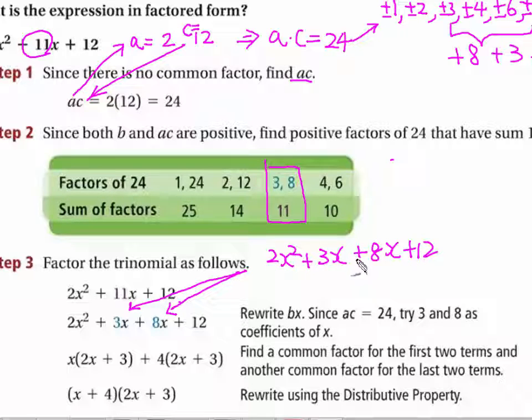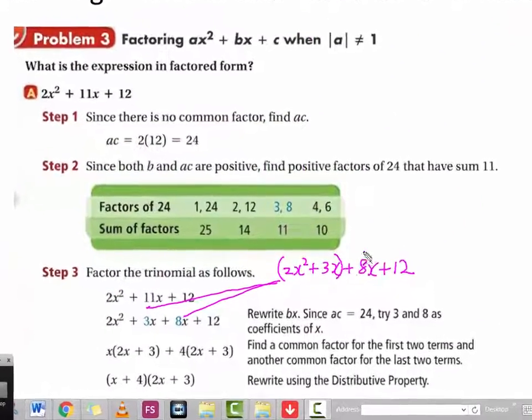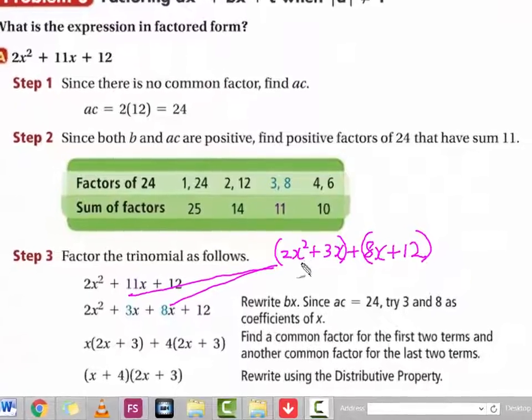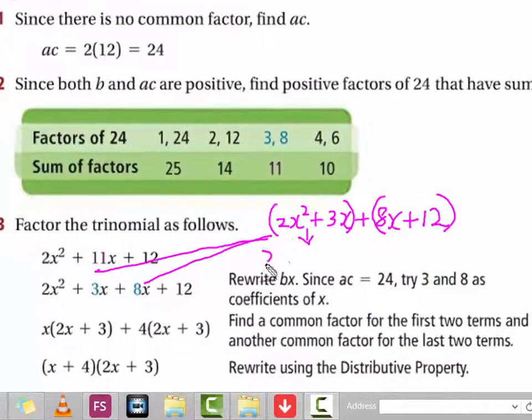And the next step is we have to do the greatest common factor. We group these together, and then we make use of the greatest common factor. In this case, x is the greatest common factor, so we have 2x plus 3. And then in here, the greatest common factor is 4.